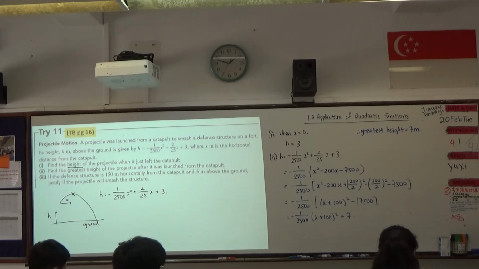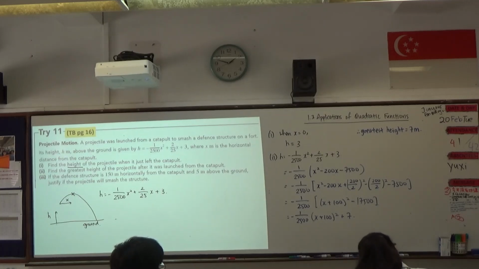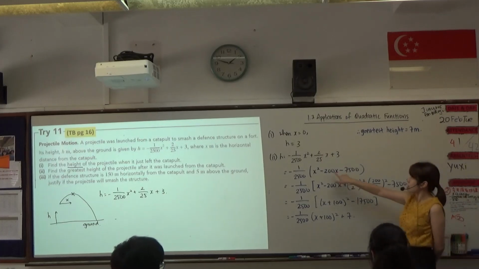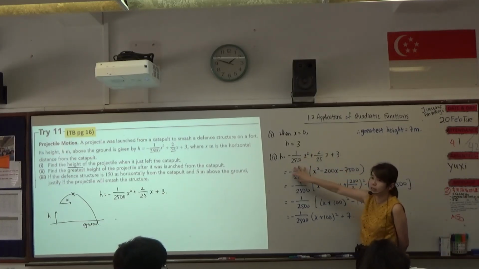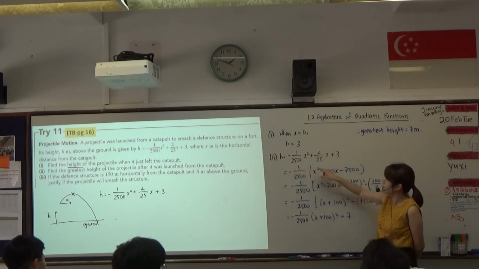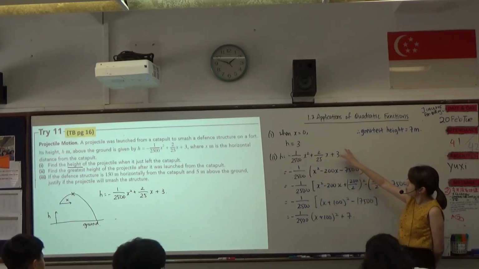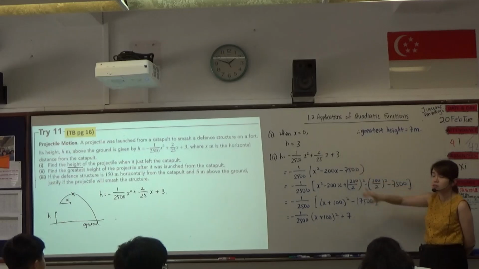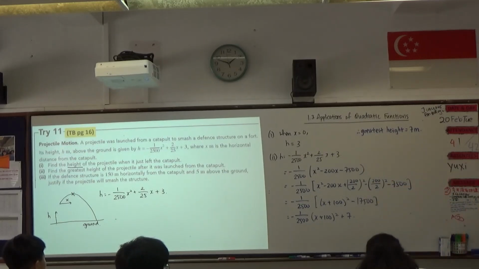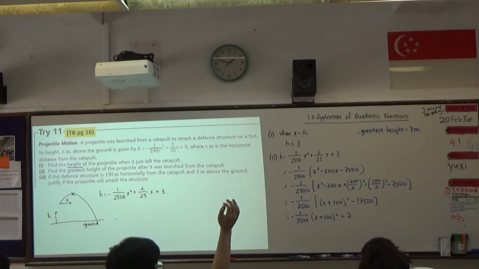Make sure you understand, no point just copying. I take this number divided by this, because factorizing means I'm dividing, right? So 3 divided by this, I'll get the 7,500. Oh, sorry, minus.